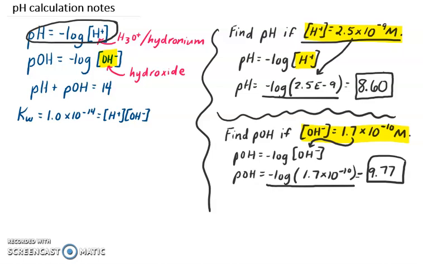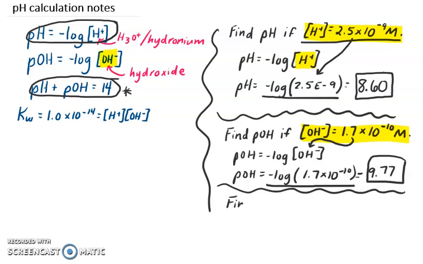But I'm going to do one more, and I'm going to make it a little tricky and involve this formula. Okay, so the last question I'm going to do is going to be find the pH if the concentration of OH is 2.45 times 10 to the negative 4th M. So let's talk about what's different about this problem, okay?